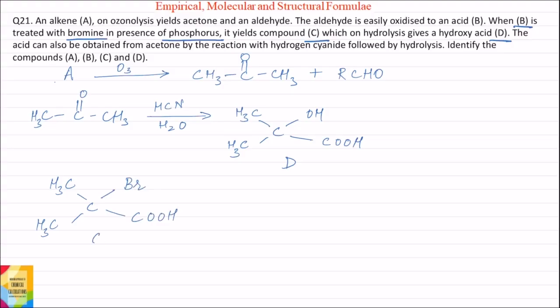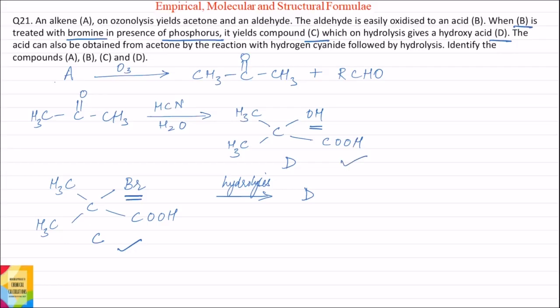This is compound C, which on hydrolysis gives compound D. Now this bromine gets substituted by the hydroxyl group. So compound C on hydrolysis gives compound D, and the structure of D is given here. So this is the structure of C and this is the structure of D.